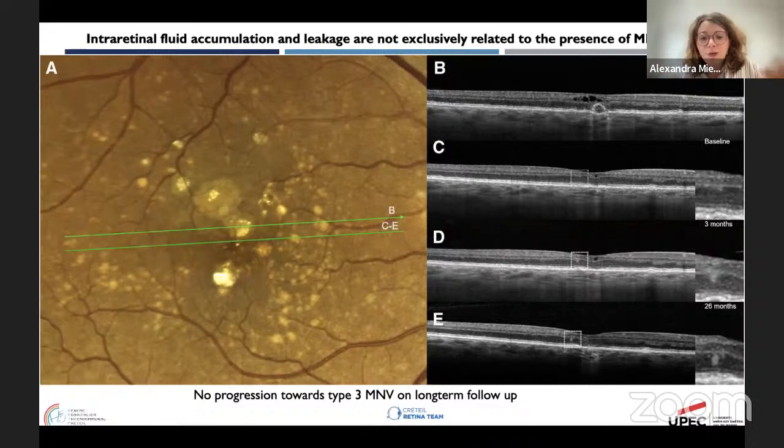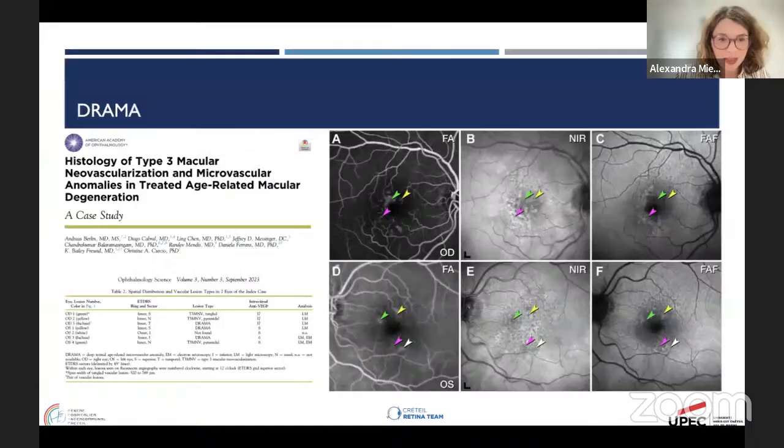And we now know that we may have non-neovascular age-related macular degeneration with exudation. This has been described. All types of fluid in non-neovascular AMD have been recently described. So maybe intraretinal fluid corresponding to DRAMA can enter this vast space of exudative non-neovascular AMD.